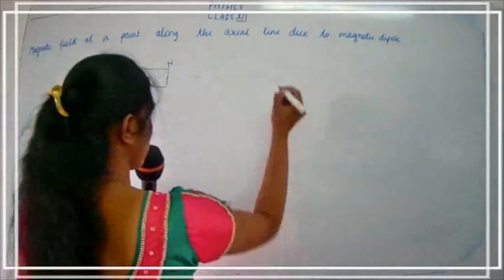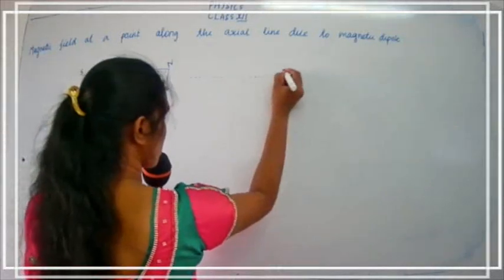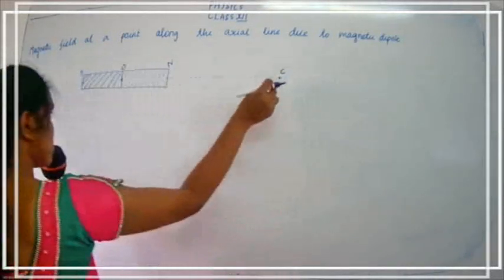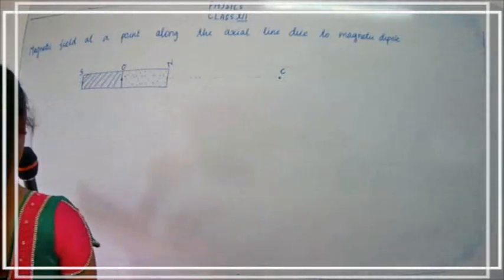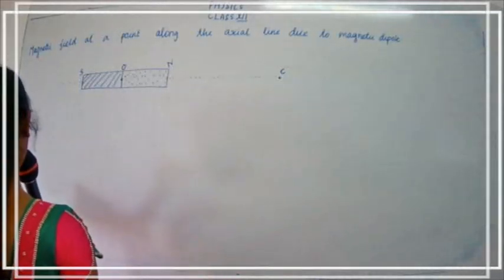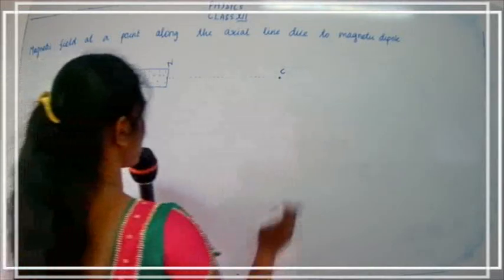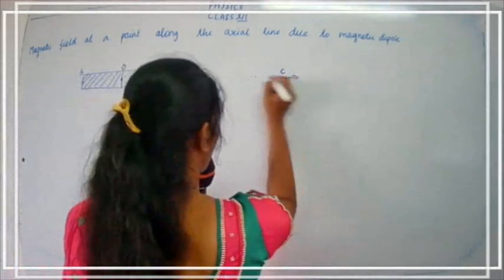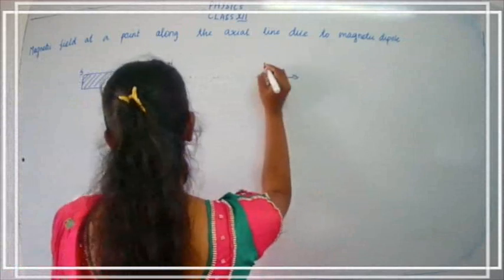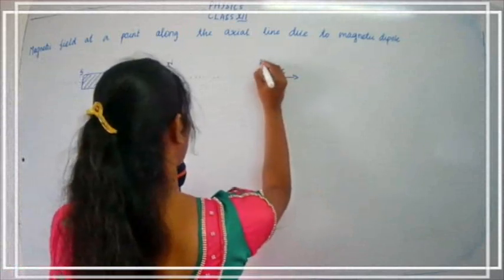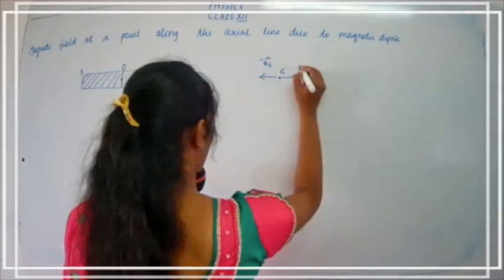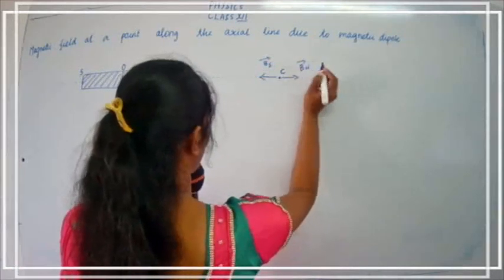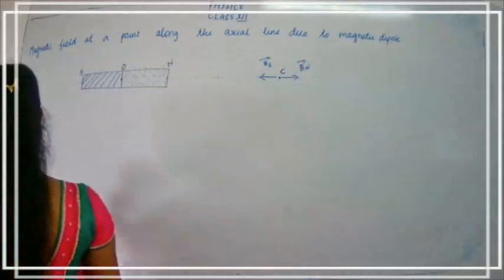Now we are going to mark a point C. At this point only we are going to find the magnetic field. Here the magnetic field acts like this. The magnetic field is indicated by B. For the south pole and for the north pole it goes like this.